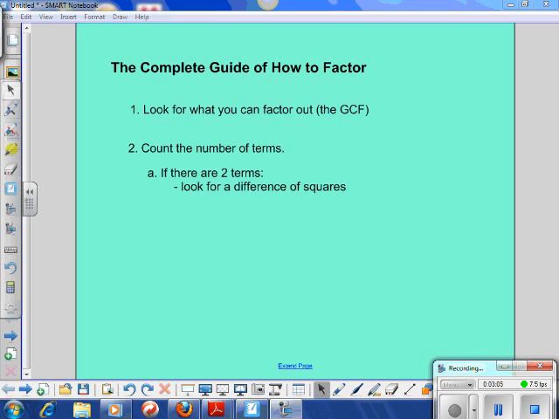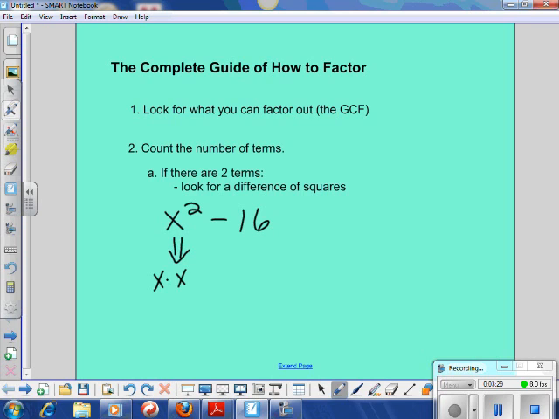If there are 2 terms, you're going to look for a difference of squares. And let's review what a difference of squares is. Remember, first this is after you've factored out the greatest common factor. So if we had x squared minus 16, how you determine a difference of squares is you look at your first term, which would be x times x.